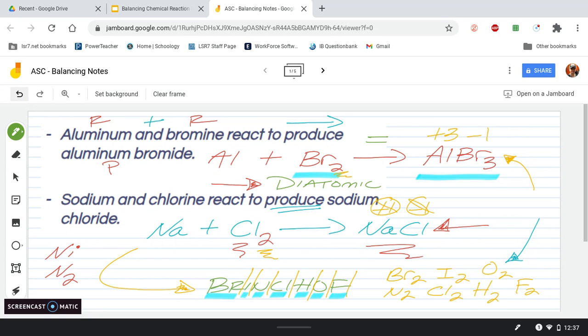If you look at the second one, I have 1 sodium and 2 chlorines, and over here, I have 1 sodium and 1 chlorine. Again, that's going to be a problem. So our goal moving forward is to identify that this side does not equal this side, and that that's going to be a problem.